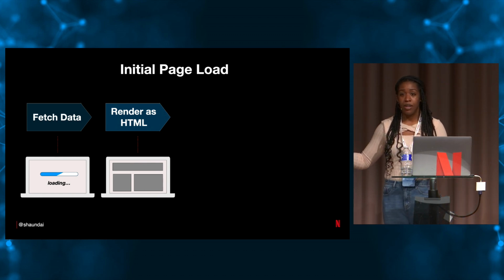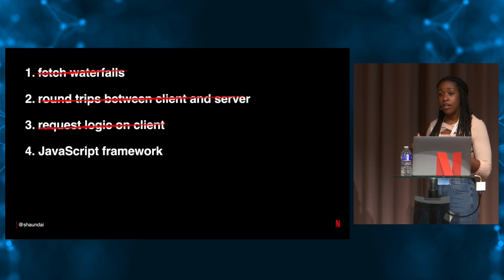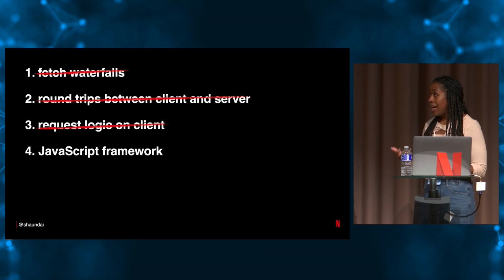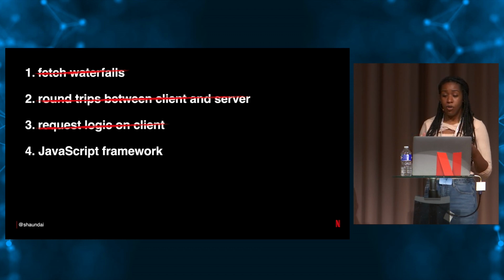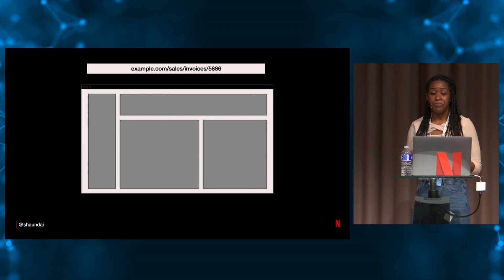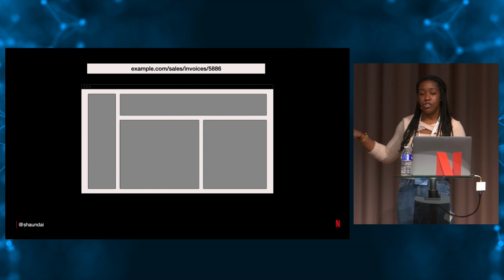Now, the problem here is that most front-end apps are heavily concentrated in JavaScript. We're using JavaScript frameworks like React. We're using React frameworks like Next. And because they're so concentrated in JavaScript, it limits what we're able to do at this stage. Remember, this is just HTML.